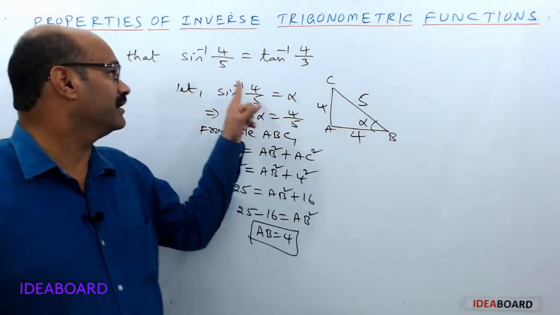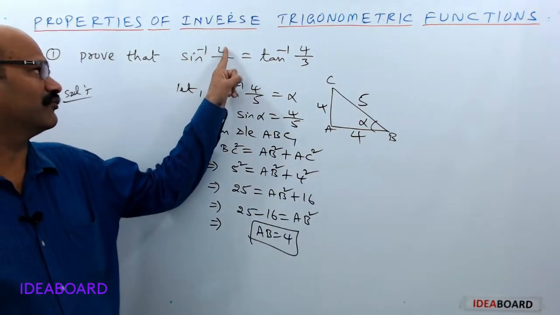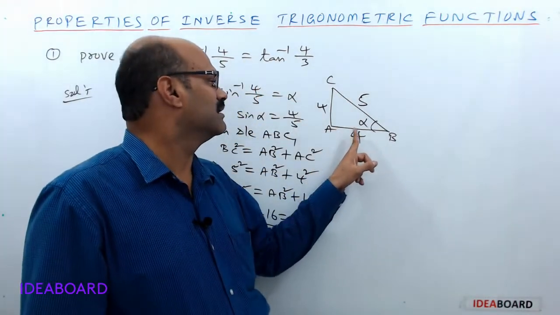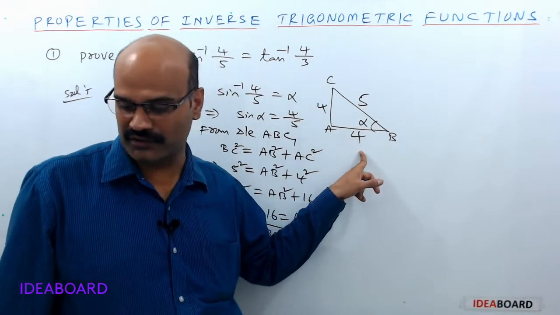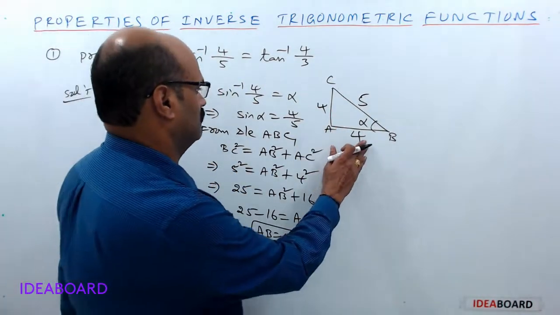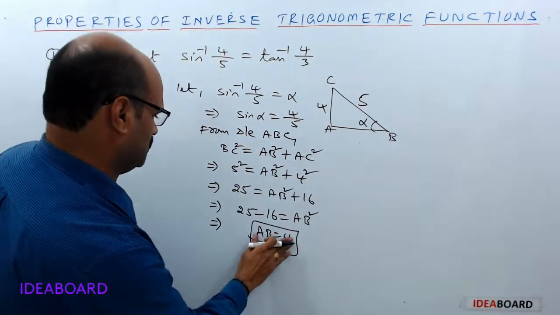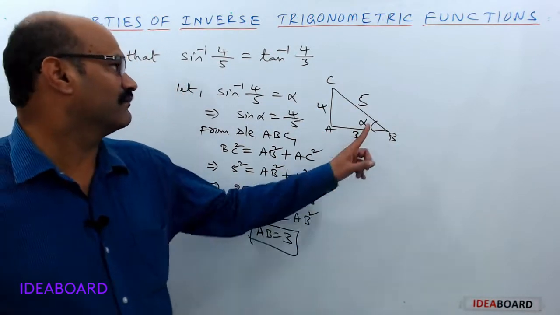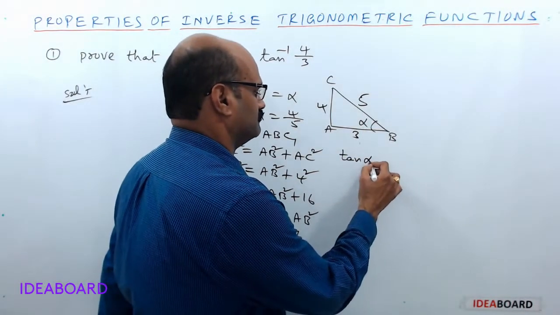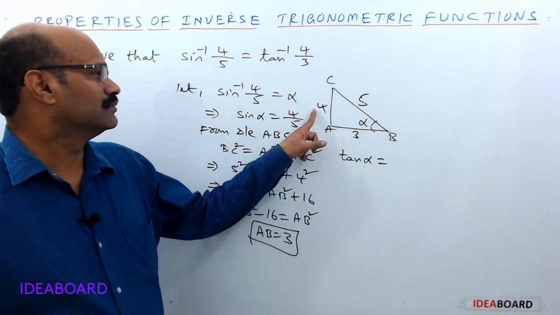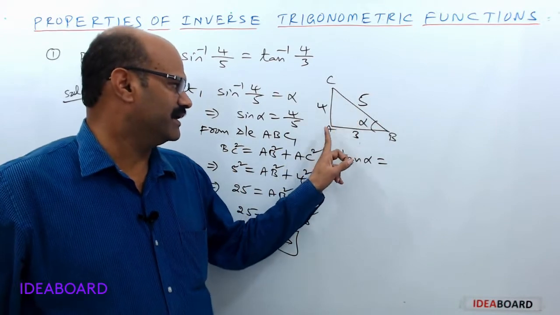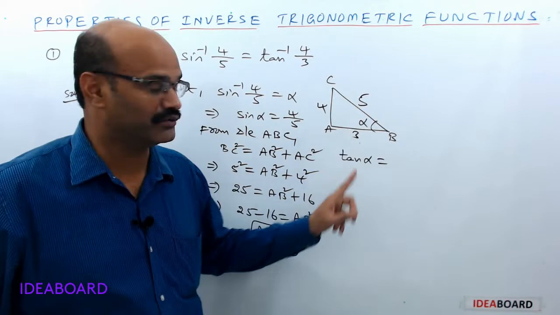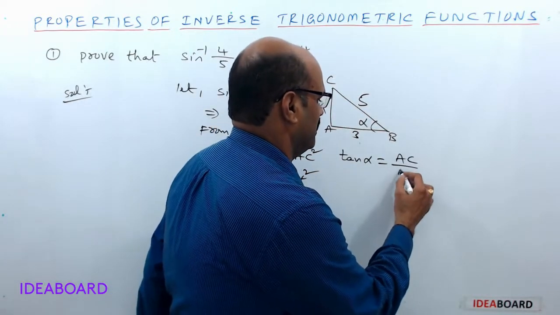Now we have to write sin inverse of 4 by 5 in terms of tan inverse. So for that we have to find tan alpha from the diagram. We know that tan alpha equal to perpendicular by base, so AC by AB.